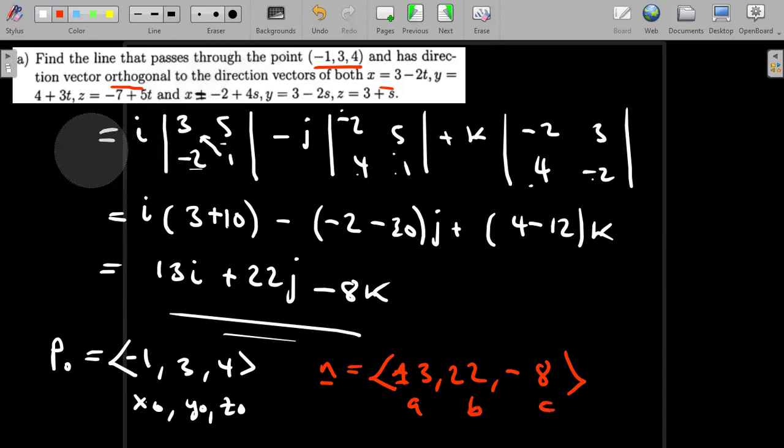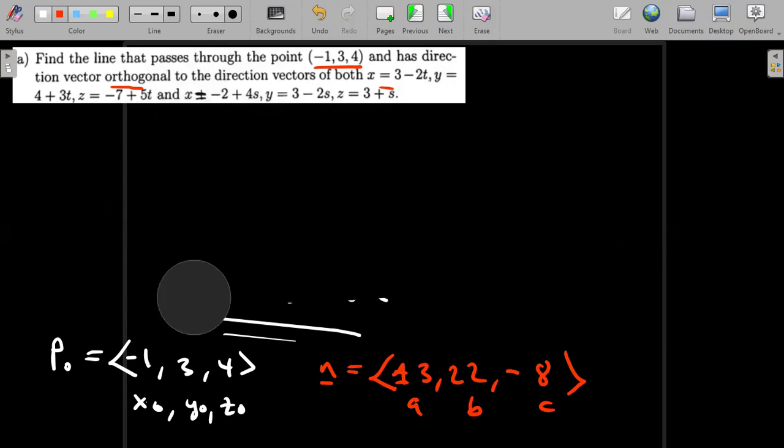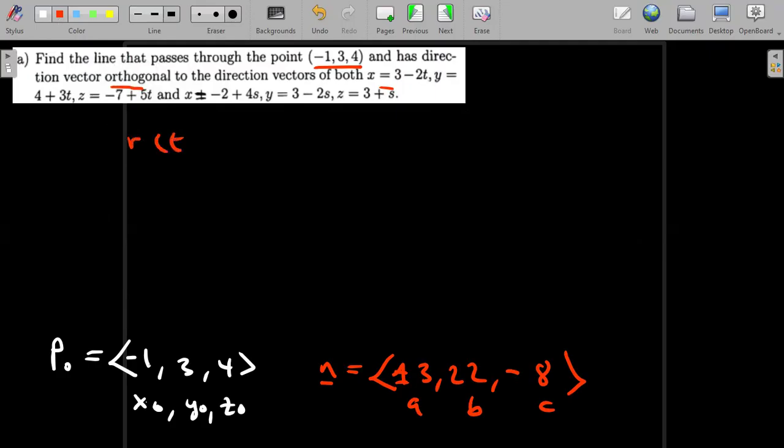Then from here, we're going to say that R of t is going to be, you get your X naught, which is negative 1. Then you're adding this A value multiplied by t, so that would be 13t.